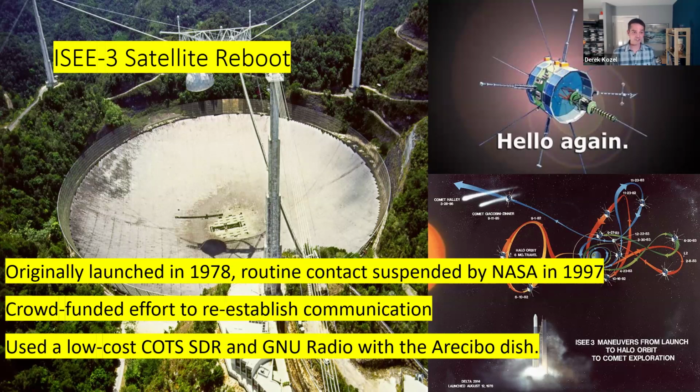So a bunch of amateurs, both literal amateur radio operators and just hobbyists, put together some commercial off-the-shelf gear, researched what the radio protocol was, went down to Arecibo before it was destroyed, unfortunately, and were able to actually send uplink commands to that satellite using just GNU Radio and open source software. They were able to get that satellite started back up and receive a bit of telemetry from it, and there are some great talks online about how that works.